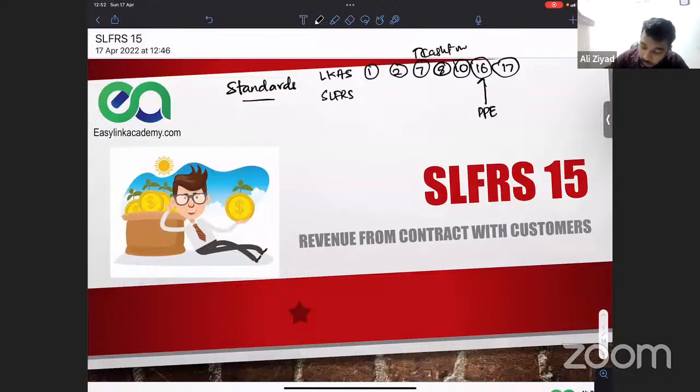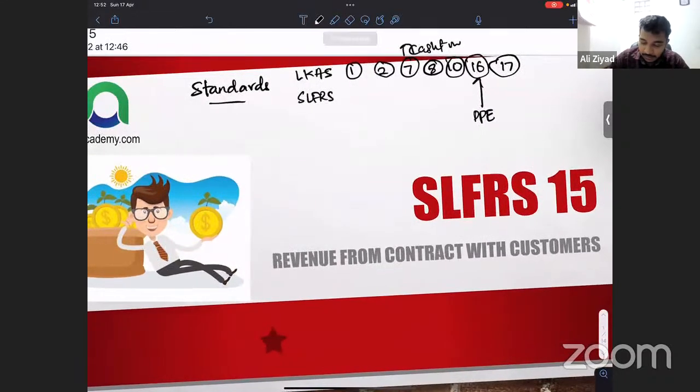But is this the old standard or the new standard for lease? Old. Exactly. This is the old standard, so it's not applicable anymore. Since January 2019, what is applicable? SLFRS 16 is applicable for lease. Many people tend to confuse: PPE is LKAS 16, SLFRS 16 is for lease. So 17 is outdated.